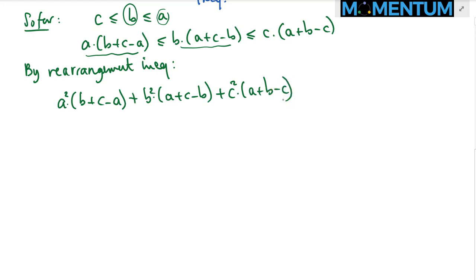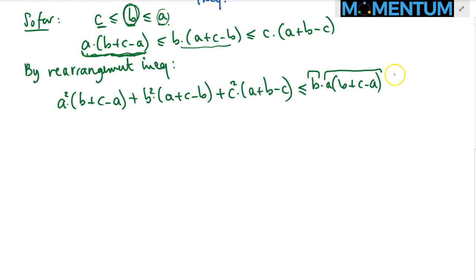Now this thing is definitely less than or equal to any permutation of this sequence. So let's start with B, C, A first. I'll multiply the smallest one with B first, so I would get B times B plus C minus A. Maybe I should write it the other way around. This is our second term, the smallest term, and then this is the middle term.